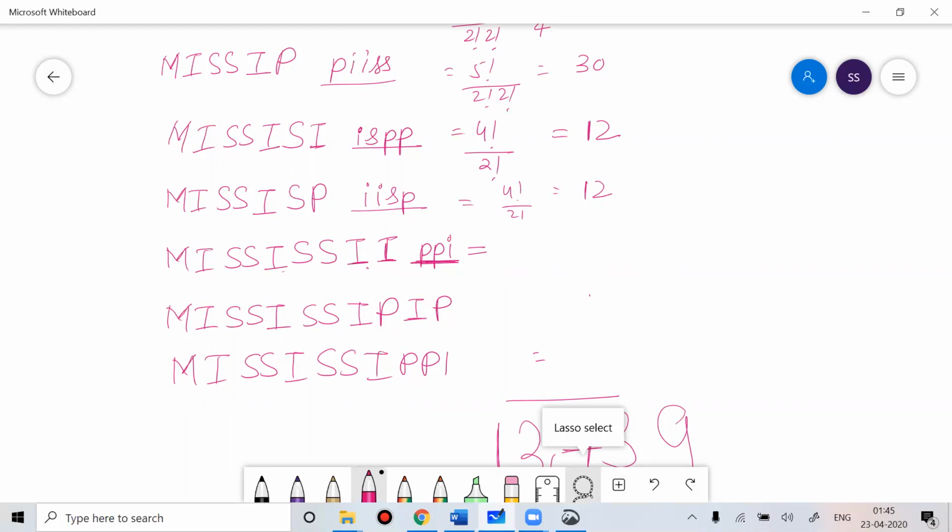So here only 2 P's will be left. No, sorry. A small mistake happened. I added one extra I here. Because of this extra I, all these issues happened.